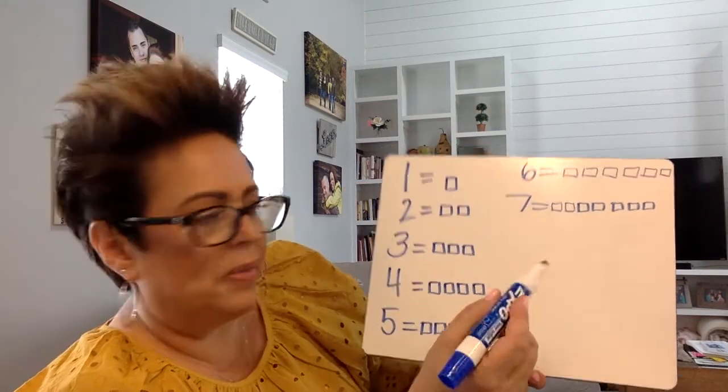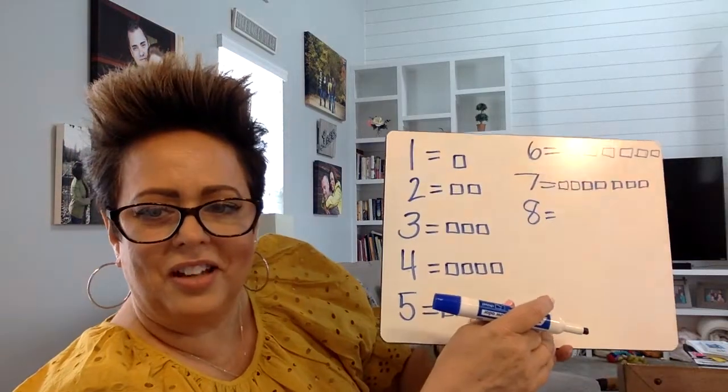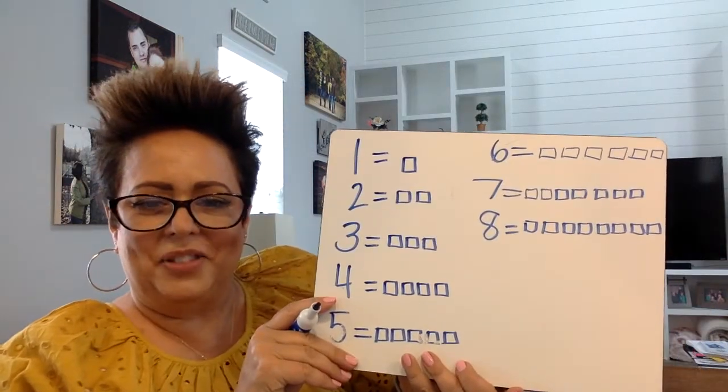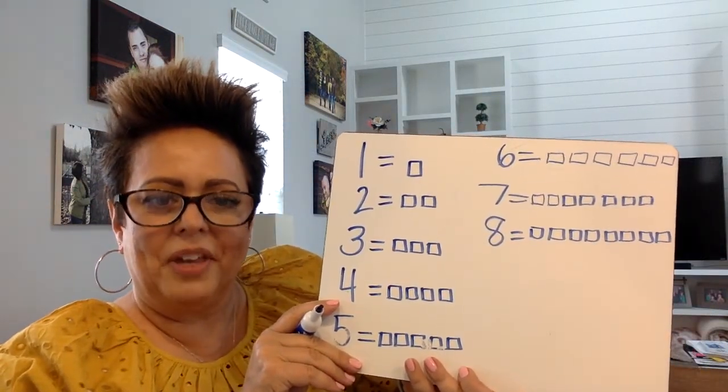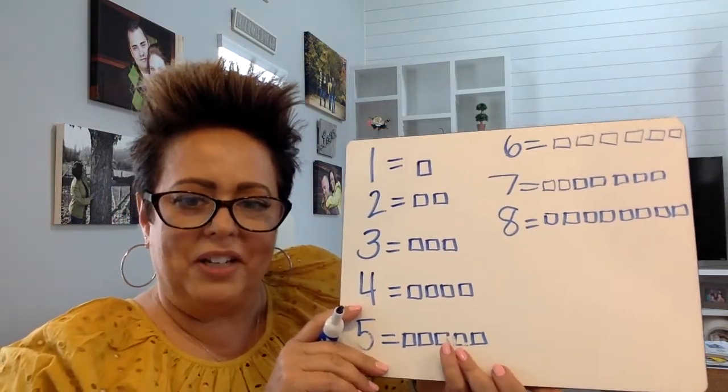Now, how am I going to show the number 8? I'm going to draw 8 cubes. Ooh. I just had enough room to show 8. Boys and girls, if you have to stop for a second to keep up with me, you can stop the video.